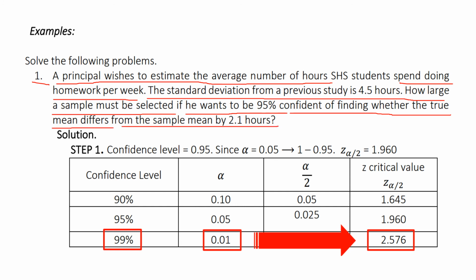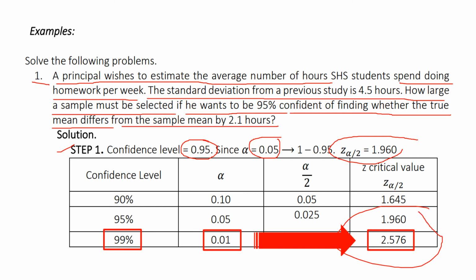For step number 1, we're going to list down all the given values. The confidence level is 0.95, your alpha is 0.05, from 1 minus 0.95 for your confidence interval. Then your C sub alpha over 2, or your critical value, for this value of alpha is 1.96 from this table.